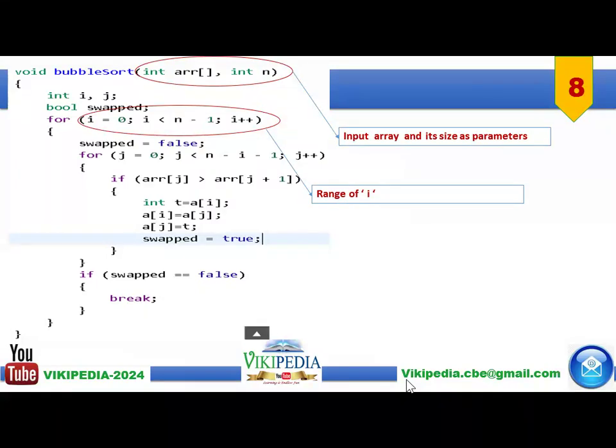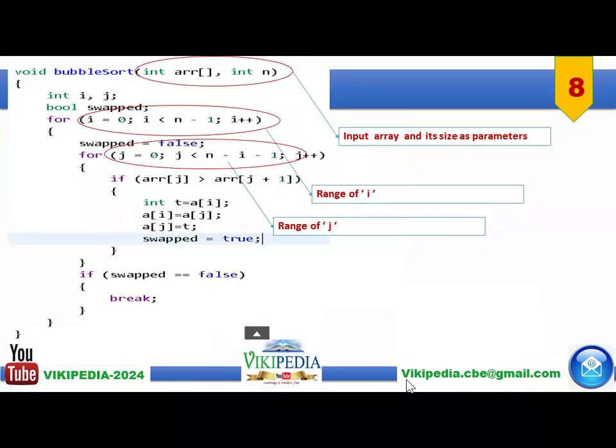Similarly, we start another for loop that represents how many swappings we need to do for handling unsorted data. For that, we use a j loop. j ranges from j equal to 0, j less than n minus i minus 1, j plus plus.